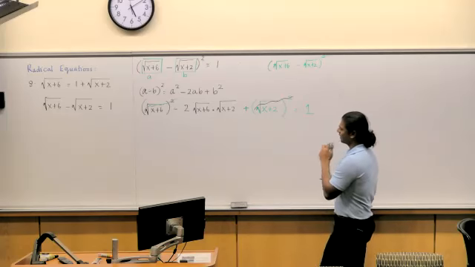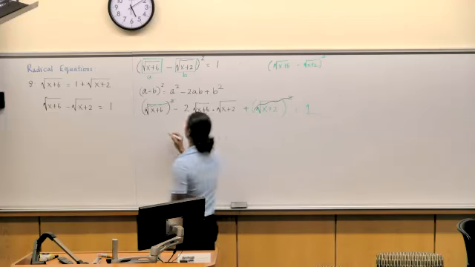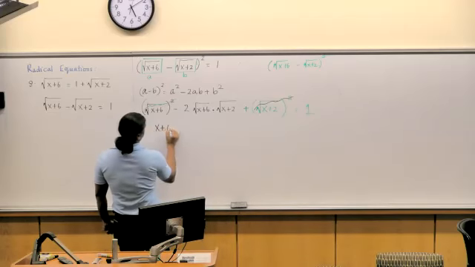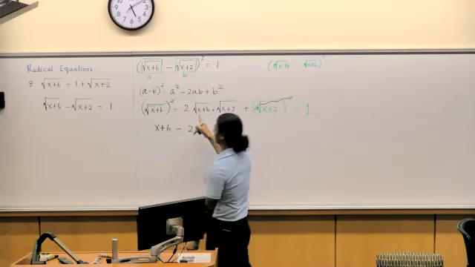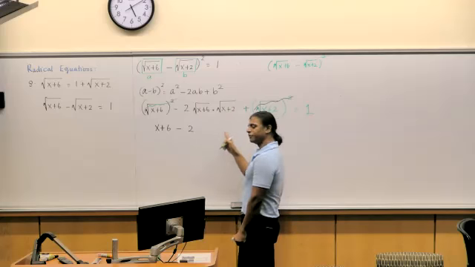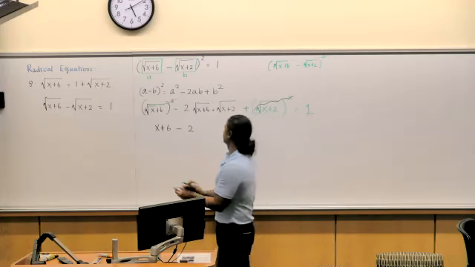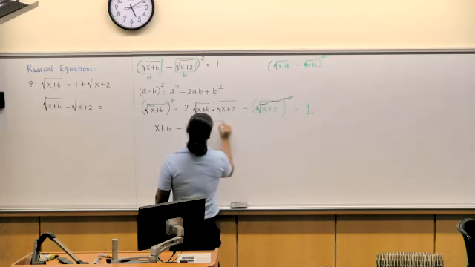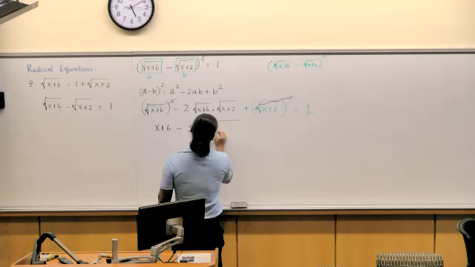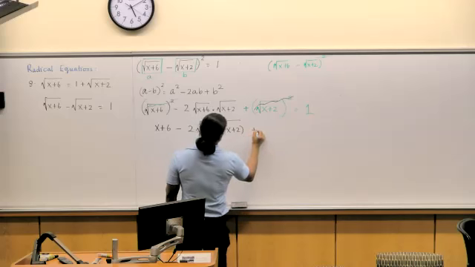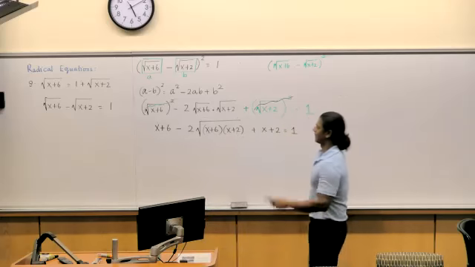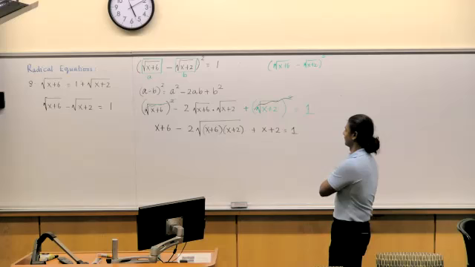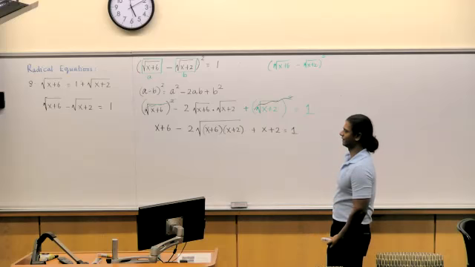Good. So now I have x plus 6 minus 2 root A times root B. We can combine the roots together, plus x plus 2 equals 1. Good.